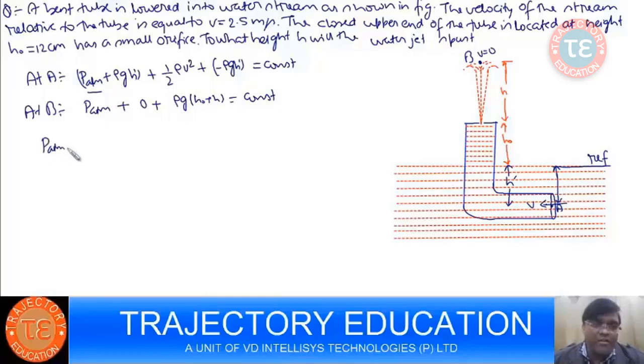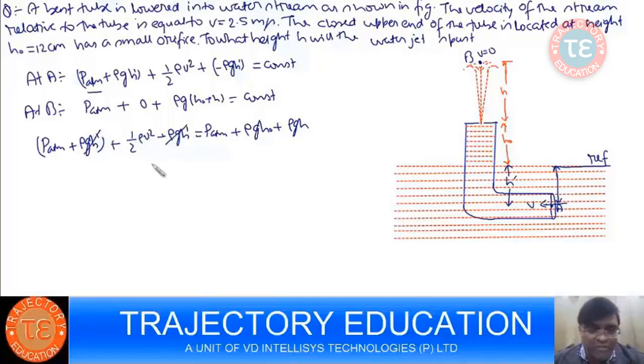So if I equate this, rho g h dash equals rho g h, all right?